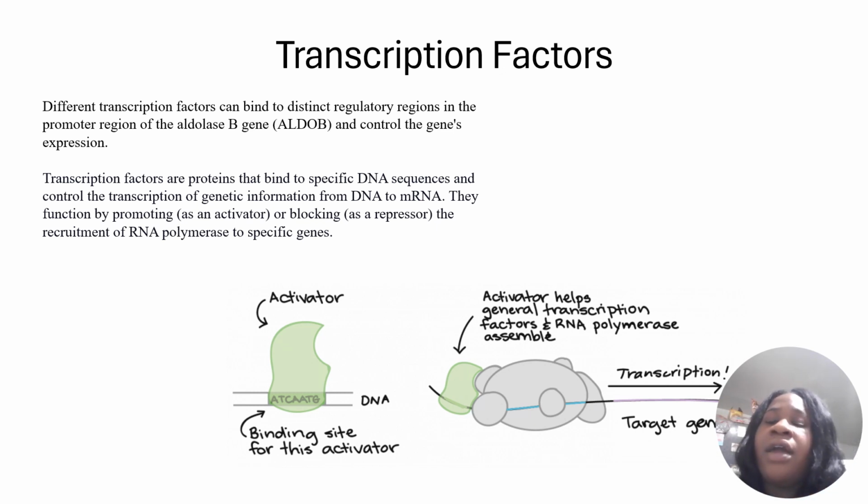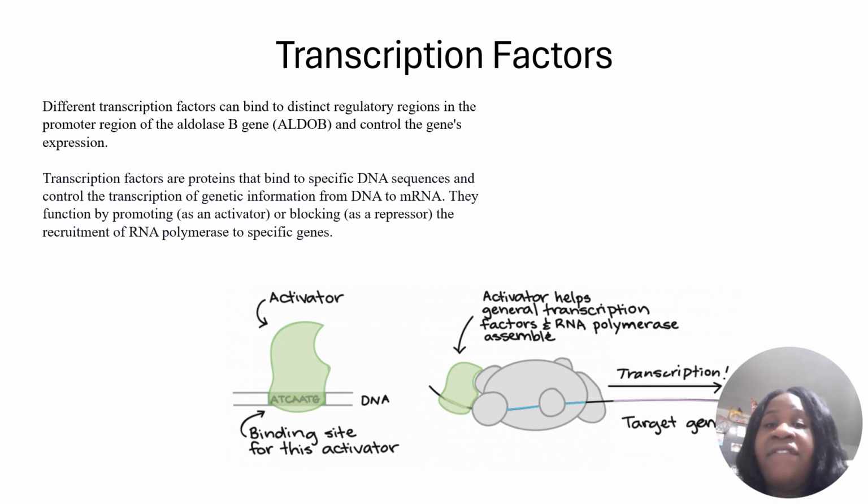So there are a few different transcription factors. The first one will be HNF1, which is hepatocyte nuclear factor. So this transcription factor plays a very important role in regulating the expression of numerous liver-specific genes. It binds to specific DNA sequences known as HNF1 binding sites within the promoter region of the gene.